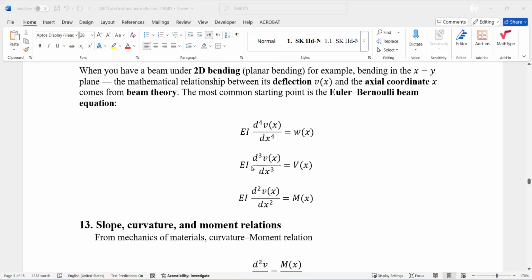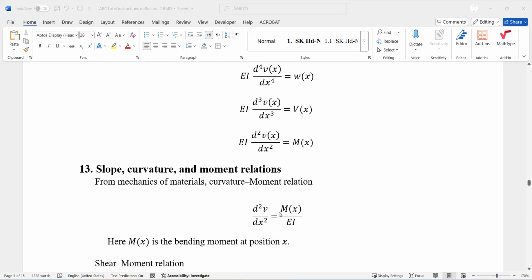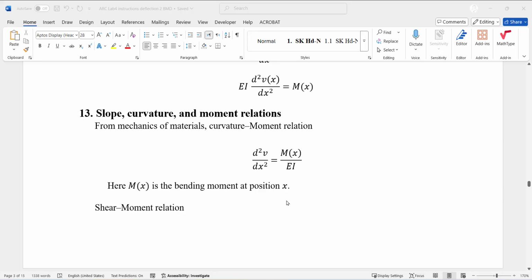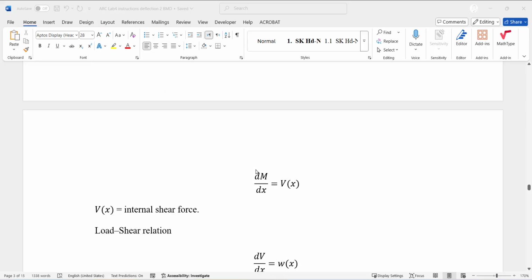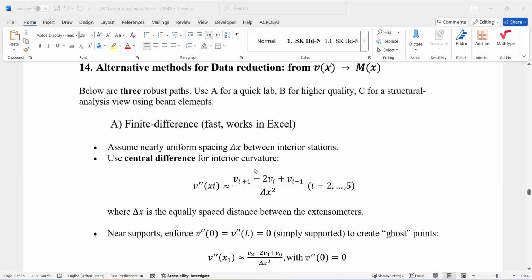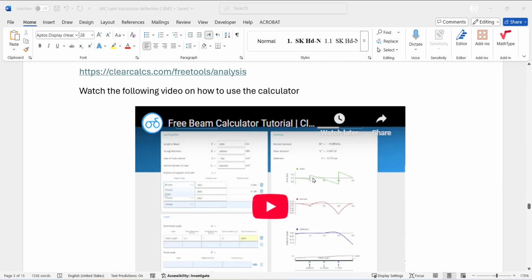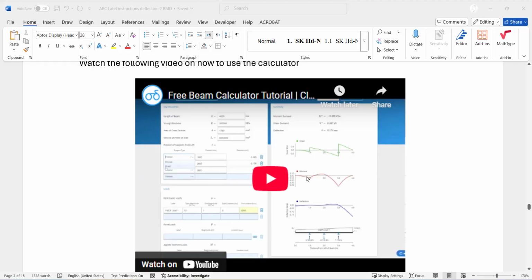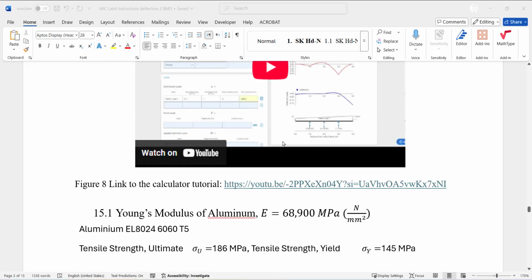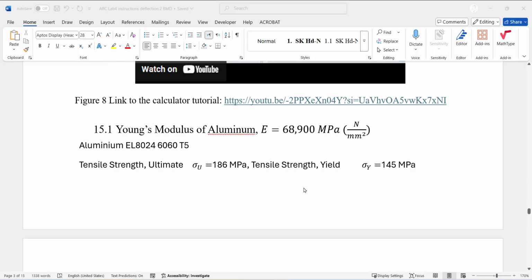So there are differential equations between all these variables: distributed load, shear force, bending moment, and displacement. But these are not essential for what you do. You just follow the formula. And the other techniques, this is all background information. Some web calculator, you can simulate any beam and find its behavior under the load in case you want to verify your hand calculation.